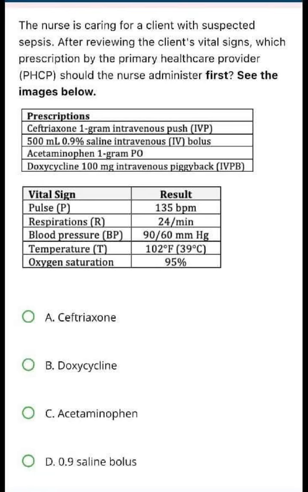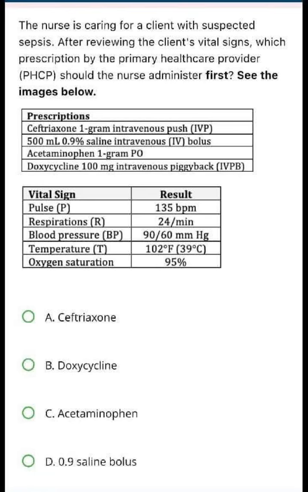The patient is with suspected sepsis. All of these medications are prescribed: ceftriaxone, 0.9 saline 500 ml, acetaminophen, which is paracetamol, and doxycycline.